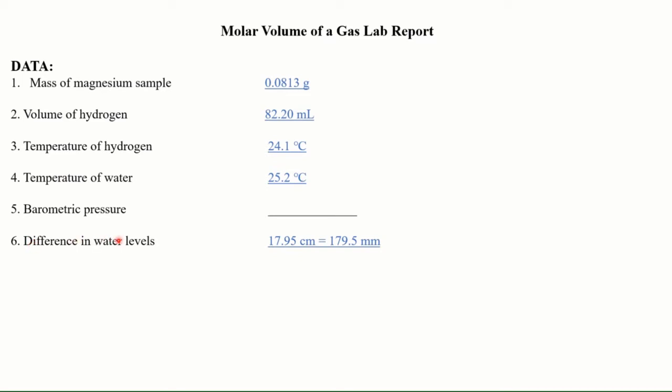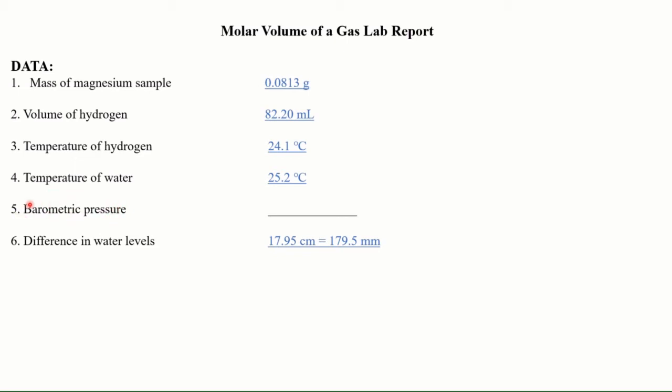The difference in water levels, the column of water, was 17.95 centimeters, which is equal to 179.5 millimeters of water.